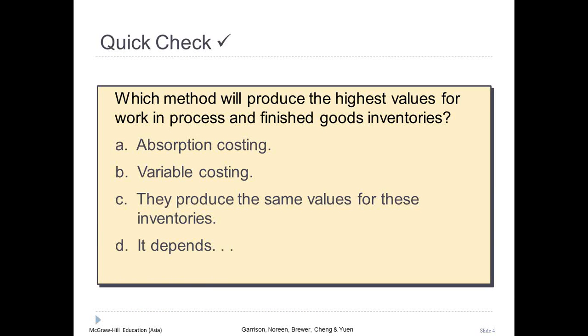Recall which method includes more manufacturing costs in the unit product cost. And the answer is absorption costing or full cost method will always have the highest value for work in process and finished goods inventories.